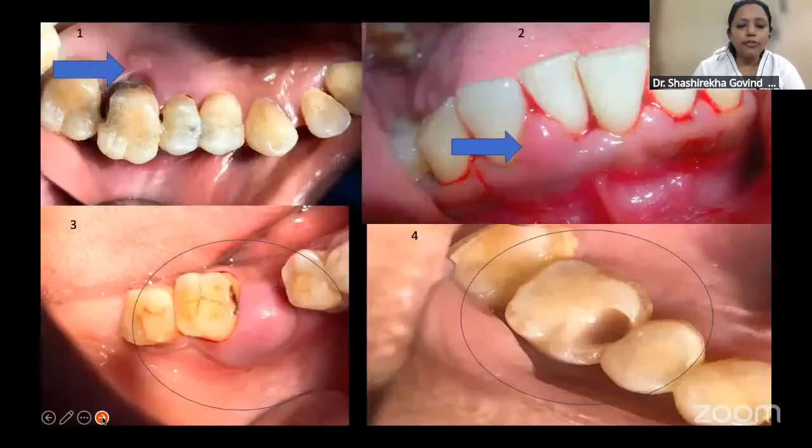These are a few clinical pictures showing caries causing a periapical lesion and a gingival abscess due to calculus and other factors. Picture 3 shows a periodontal abscess involving the tooth, and picture 4 shows an abscess due to dental caries in a non-vital tooth.